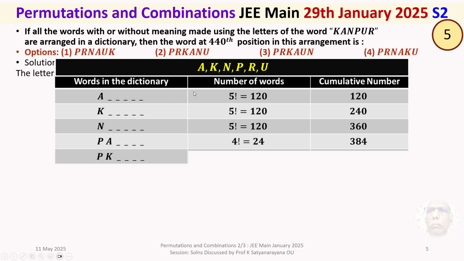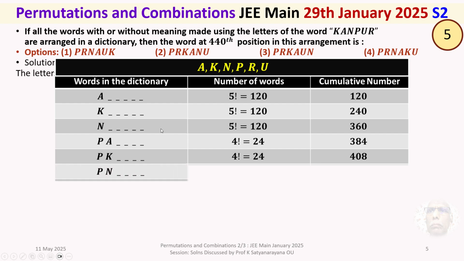After PA comes PK, again 4 places, 4 remaining letters, 4 factorial ways, that is 24, so 408. So we are coming closer to the 440th position. So let's go. Next after K is N, PN, and 4 places and 4 letters remaining. So 4 factorial ways, that is 24.